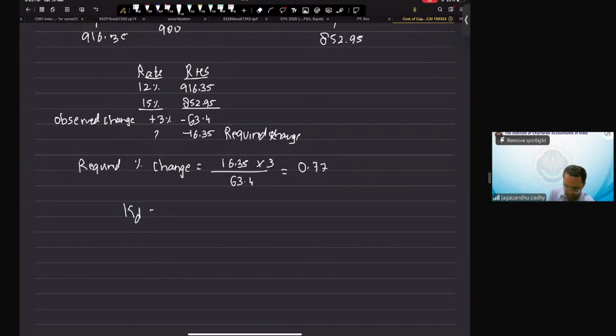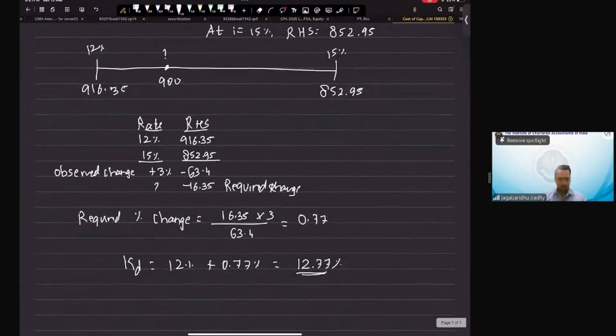So our cost of debt will be 12% plus 0.77%, which is 12.77%. Some rounding up here and there is quite possible. That's absolutely okay. Yeah. Are you all following how to calculate the cost of debt?